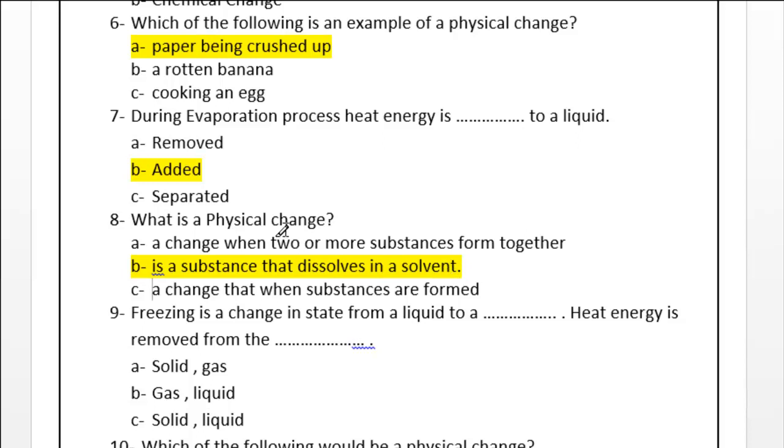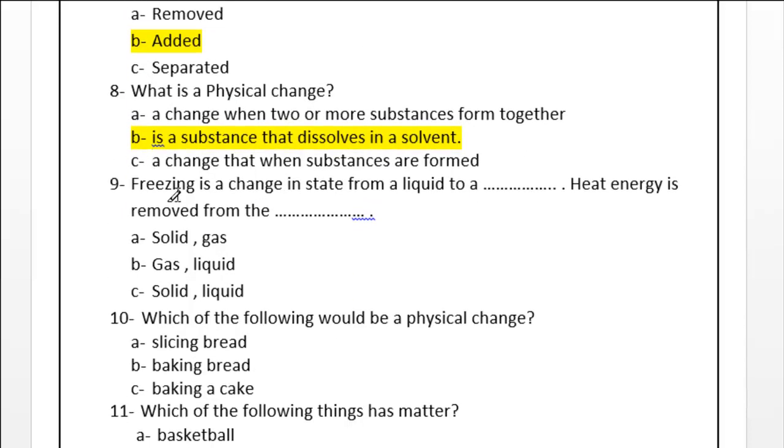Solution is an example for a physical change. This is the true answer. Freezing is a change in state from a liquid to a solid, that's right, and heat energy is removed from the liquid. So the true answer, solid and liquid.